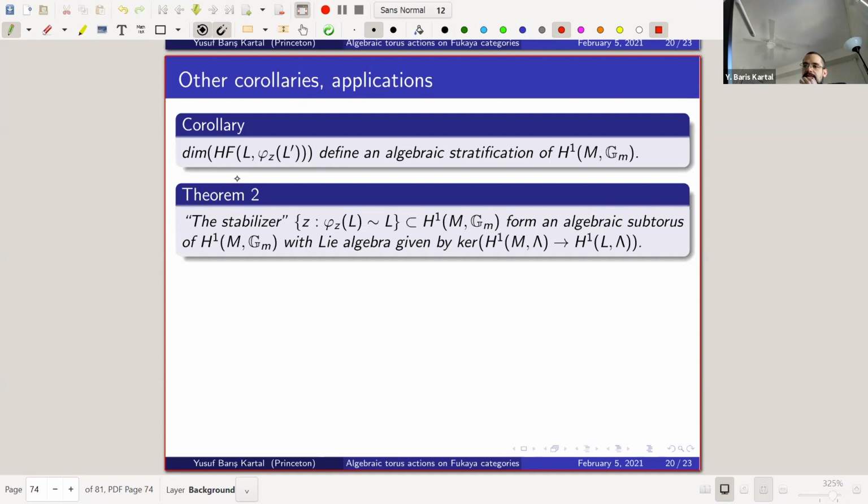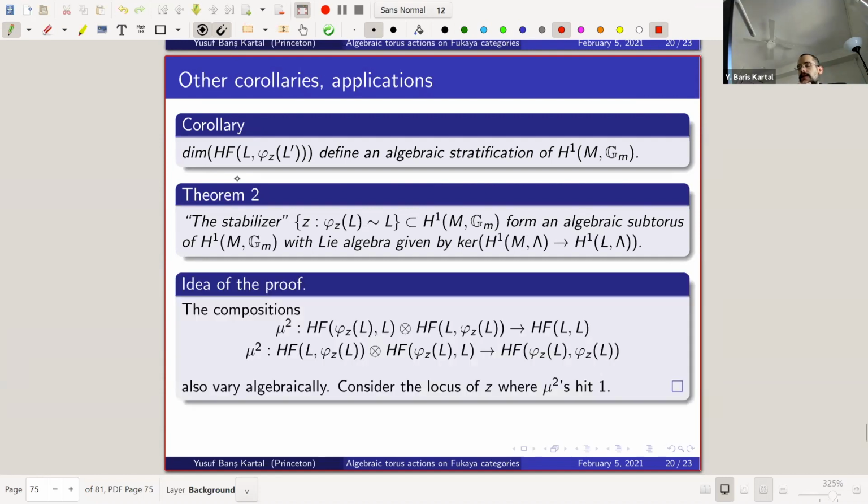And this Lie algebra is given by what you would expect, meaning the cohomology classes that die on L. And the idea is to consider composition maps here, like L to phi Z to L, and composition maps also vary algebraically. So you consider the locus of Z where this composition maps hit identity. Let me not explain the details here.